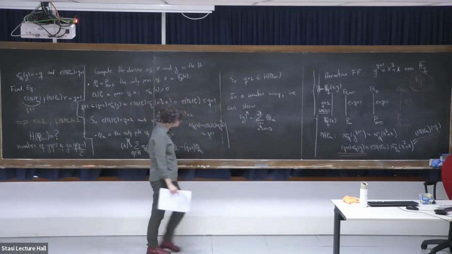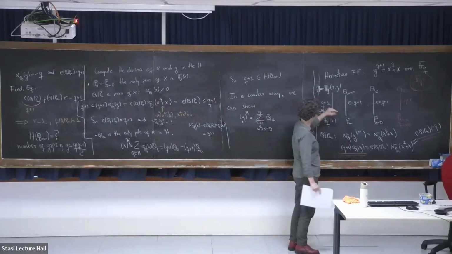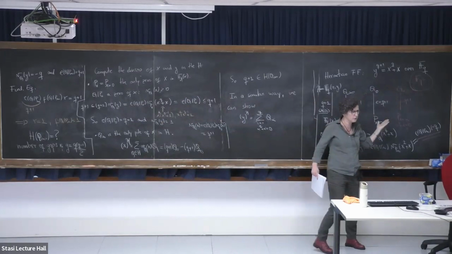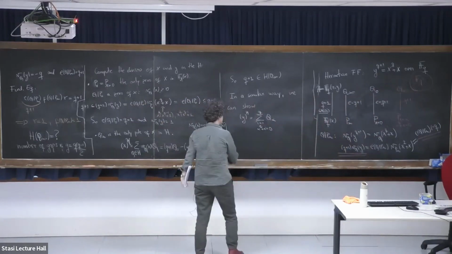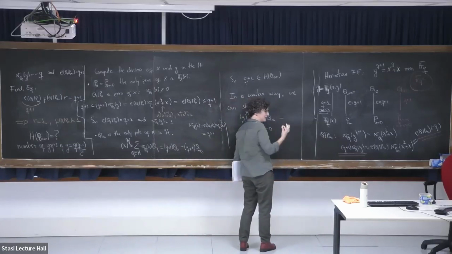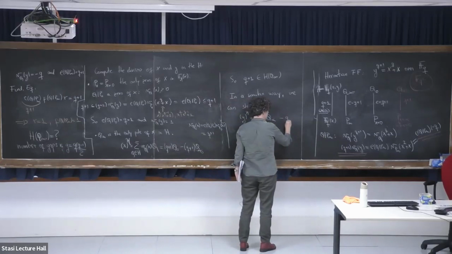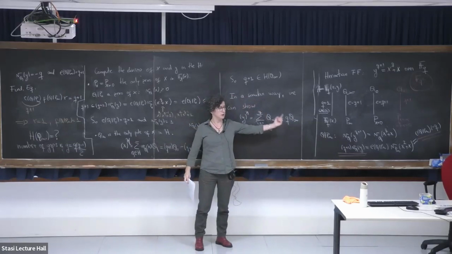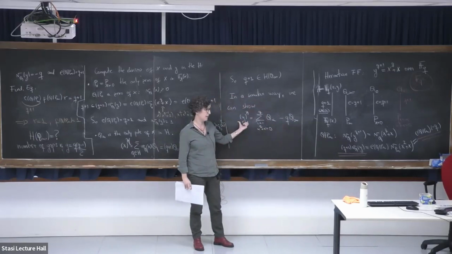And the poles: if Q is a pole of y, you can show that it has to be a pole of x also. Since x has just one pole, y has just one pole. And what is the order of the pole? Without calculations now, it has to be q. Why? Because we know that the degree of a principal divisor is always 0.